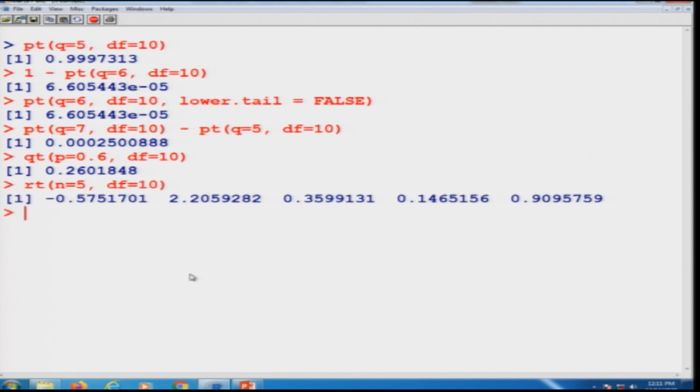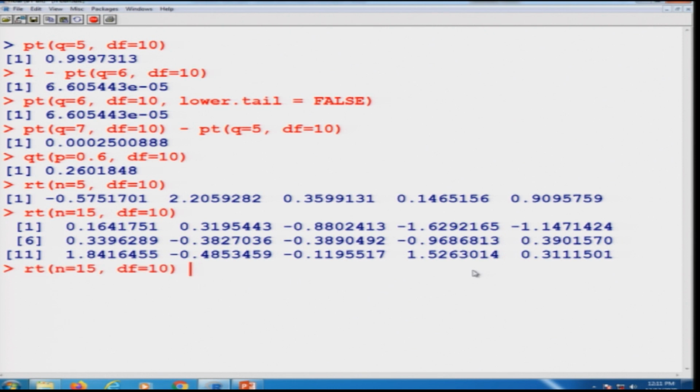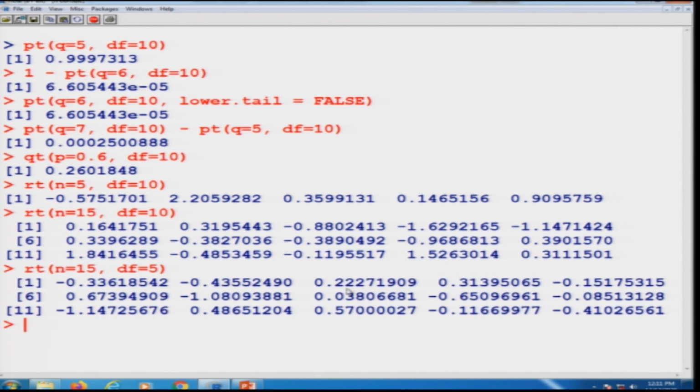You can see these are the 5 random numbers obtained by specifying n equal to 5, and if you increase this from 5 to 15, there are 15 values like this. If you change the degrees of freedom, say to 5, these values will also change.